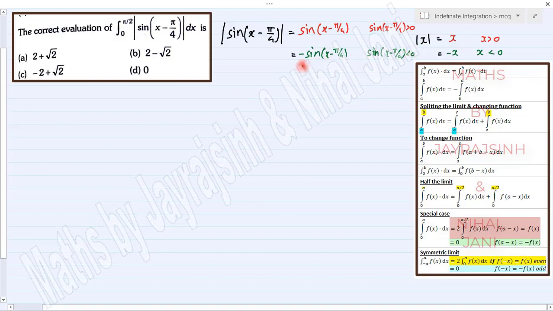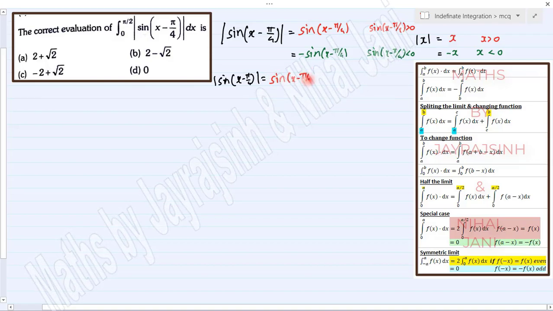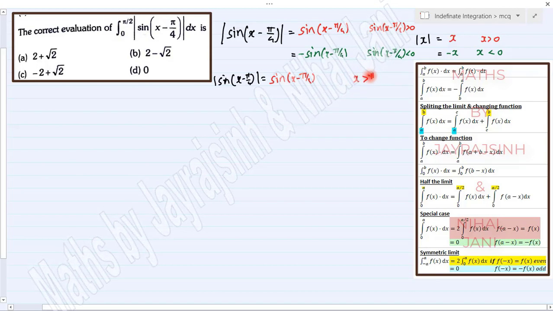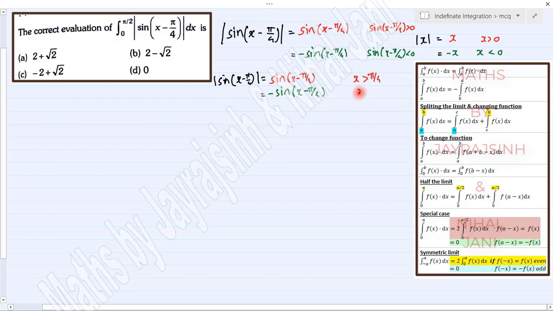So here we can say mod sin(x − π/4) will be sin(x − π/4) when x is greater than π/4, and it will be minus sin(x − π/4) for x less than π/4.